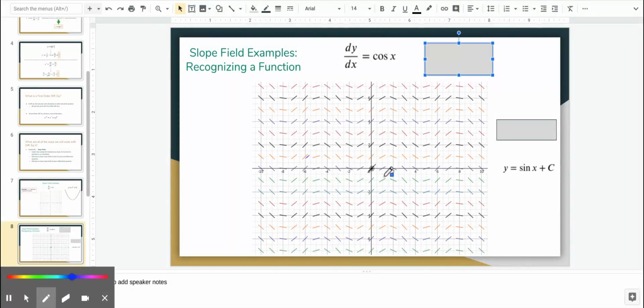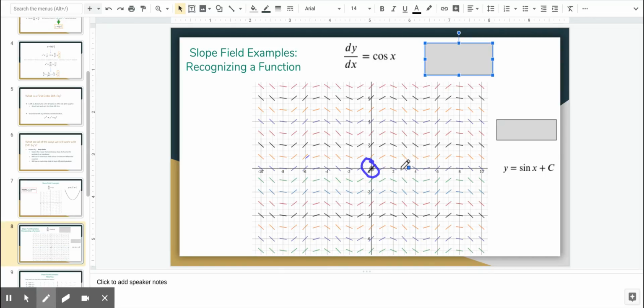So let's just do maybe 2 of them here, right? So let's just do cosine of 0, right? Because that one's easy for us. I know the cosine of 0 is positive 1. And so this little slope right here, this little line segment that I circled, has a slope of 1. All right. What if we tried something like pi, right?